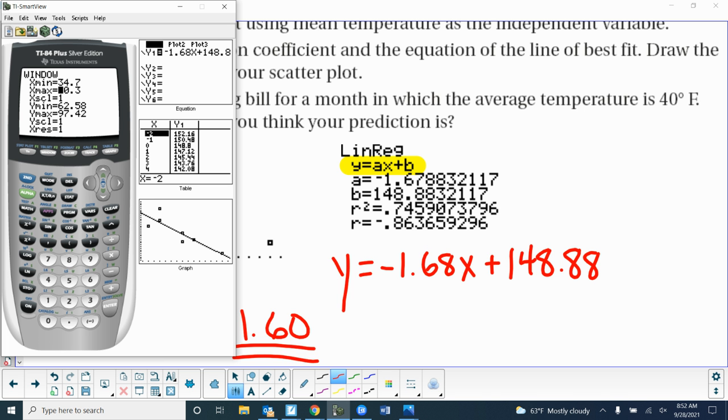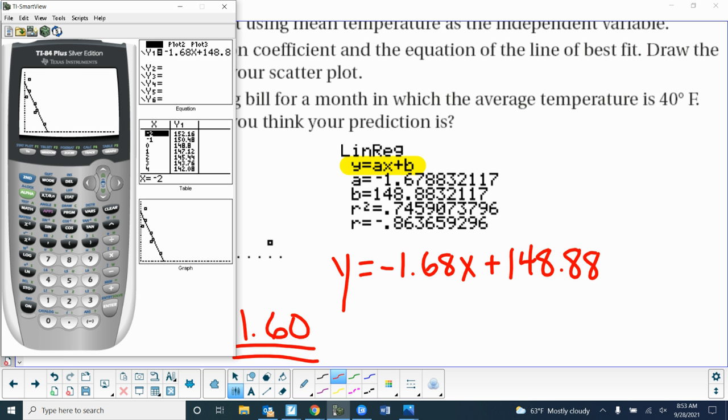We can change it to 100 if we wanted. All right? The graph might look a little different because I changed my X max, but it'll calculate the cost of the bill. But if you got a 90-degree day, are you going to have your heat on? No. So that wouldn't be one that we would really look at anyway.